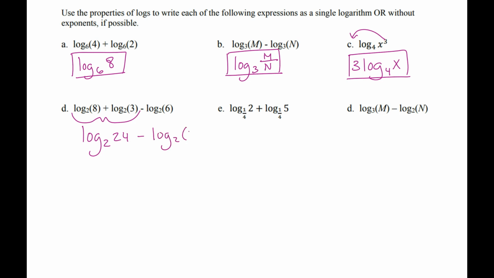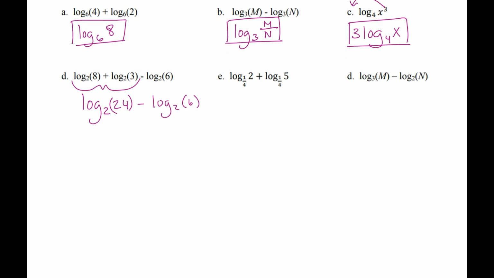Then what happens when you're subtracting 6? Divide. So what's 24 divided by 6? It's 4. Log base 2 of 4. And what happens when you're adding? Multiply, so it's 2 times 5.